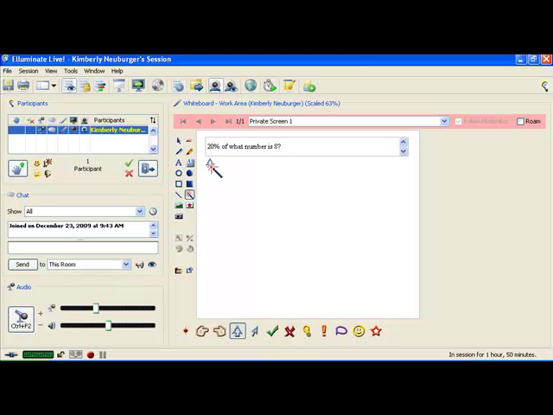We're going to deal with it the same way. 20% we're going to write down as a decimal. So this 20% is 0.2. If we continue on, of is multiply, so we will use a dot for that to be multiplied. And then we get to what number.